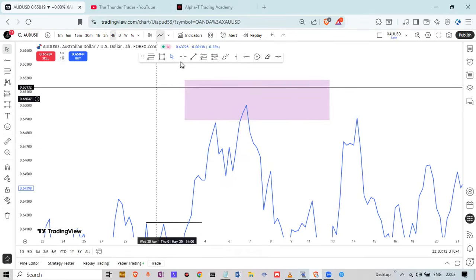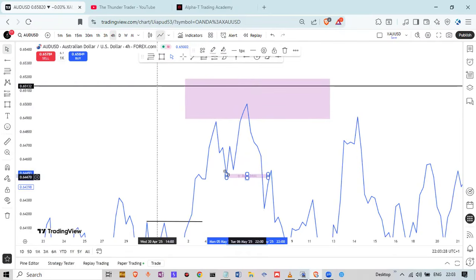This was an external breakout. At this point in time here, this was an external breakout. This is still an internal structure, because this V you see here is still an internal structure. The last V down here is an external one.